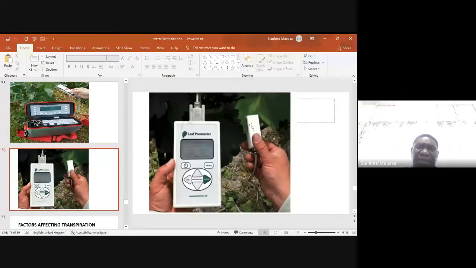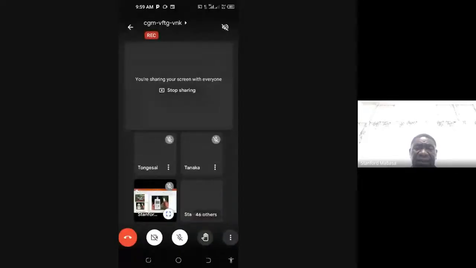You just clip on the leaf, then you can read off the water which is being lost at that moment. It can tell you whether the stomata is closed or open. If it is closed, probably it has something to do with the moisture environment. If it is open, probably the plant is in a healthy state and everything is okay.